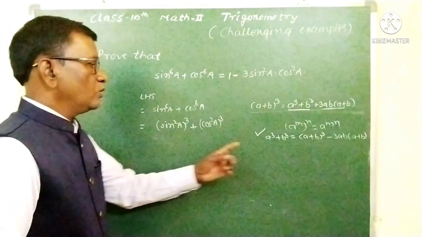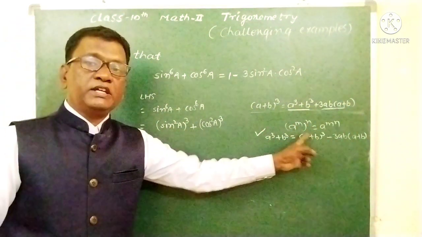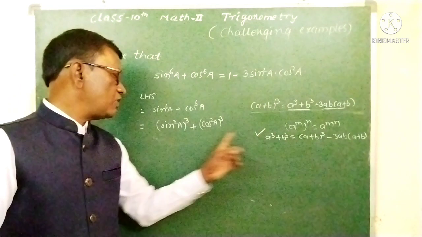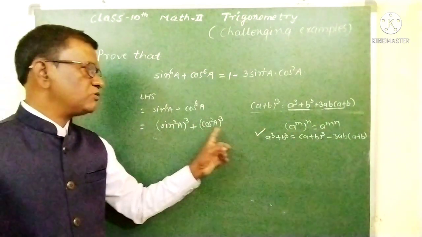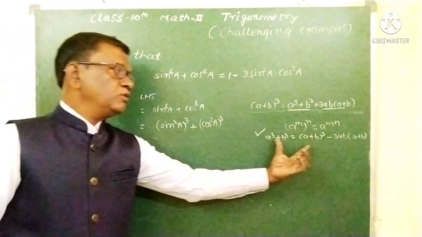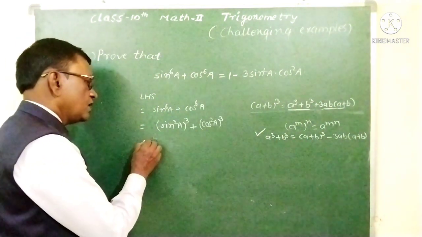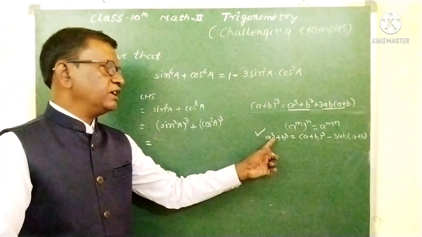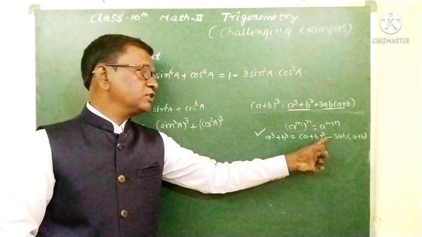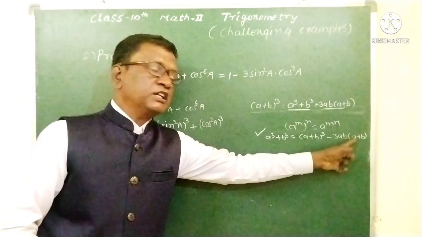So you write here this formula and apply it here. A means sin square a, b means cos square a. You apply this formula here: a cube plus b cube is equal to a plus b bracket cube minus 3ab in bracket a plus b.